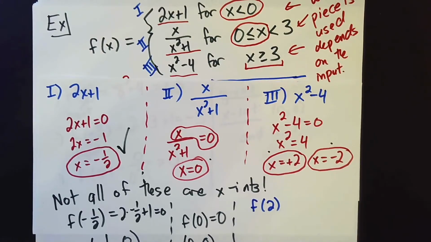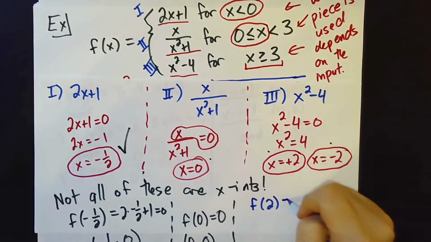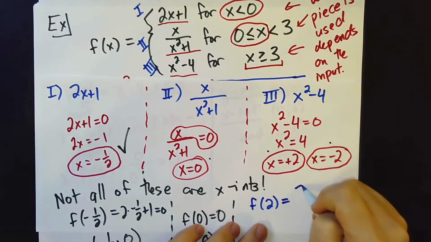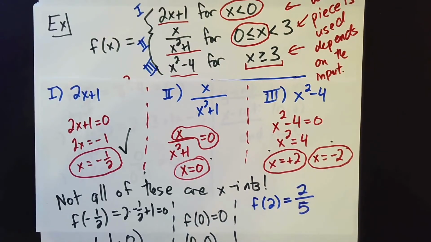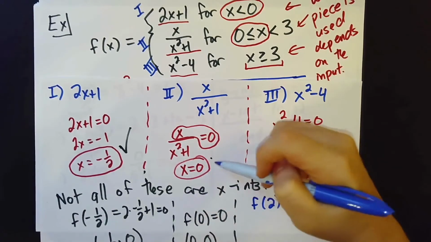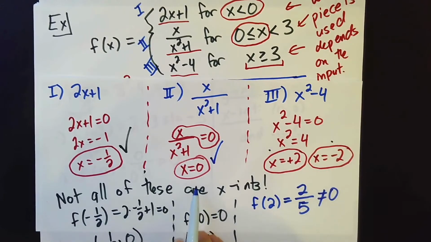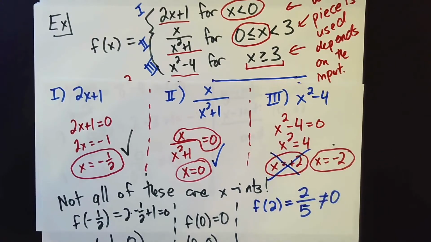If I plug plus 2 into f, 2 is between 0 and 3, so it goes into the middle line, and I get 2 over 5. But that is not 0. So although these two both give me legitimate, honest x-intercepts, this does not give me an x-intercept.